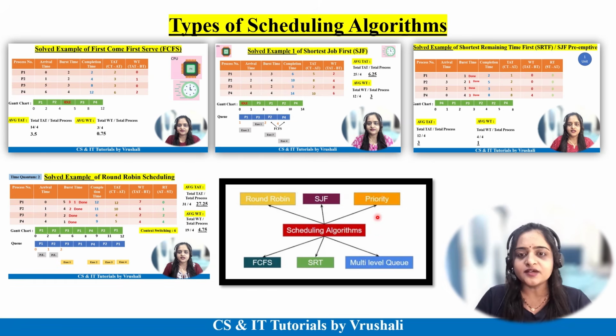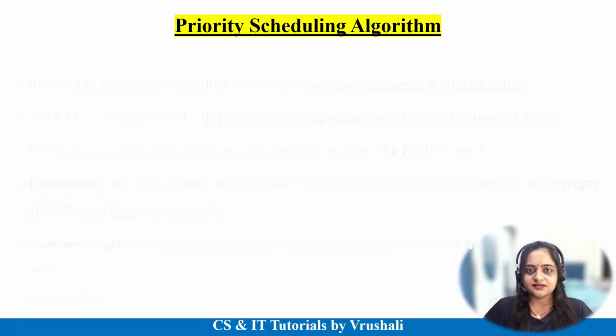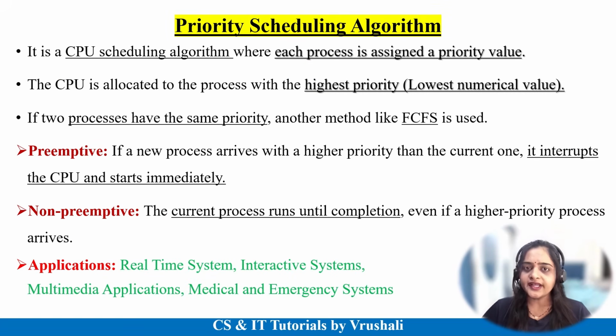So the remaining one is priority scheduling. So today we will discuss priority scheduling in detail. The first question is, what exactly is the priority scheduling algorithm? As the name suggests, the operating system assigns a priority to each and every process for the execution. Let's take an example. Suppose process 1 has priority 1, process 2 has priority 2, and process 3 has priority 3.